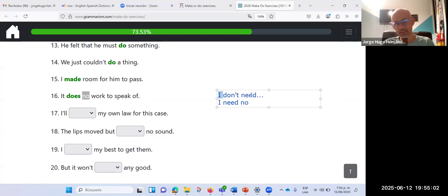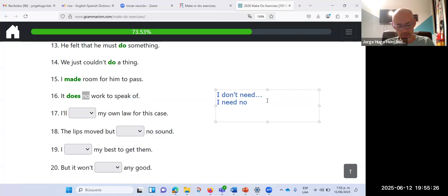But here is used when you are writing or when you are speaking with a person that you don't know. And I need no, you use this expression when you are speaking with a close friend or with a close person, okay?